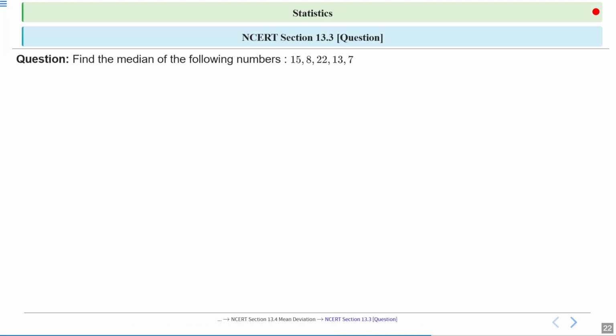Now, in this question, we have to find the median of the following numbers: 15, 8, 22, 13, 7.